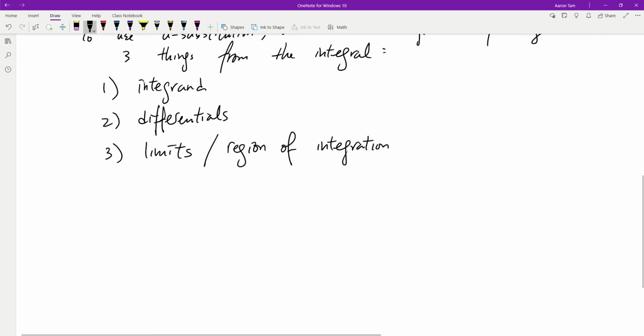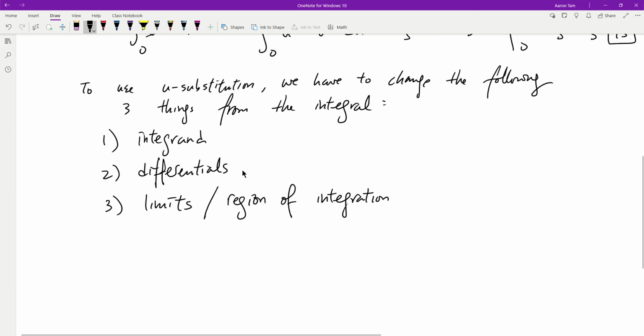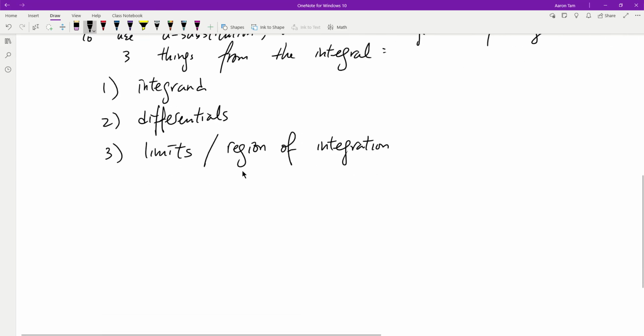All right, so now before we talk about this, let's talk a little bit about why we're doing this. So what is the main reason for doing a change of variable in a multivariable integral? In the Riemann integral, apply the change of variable.